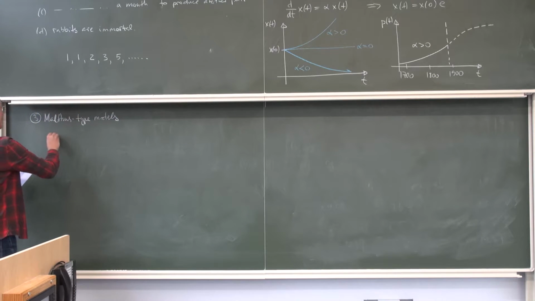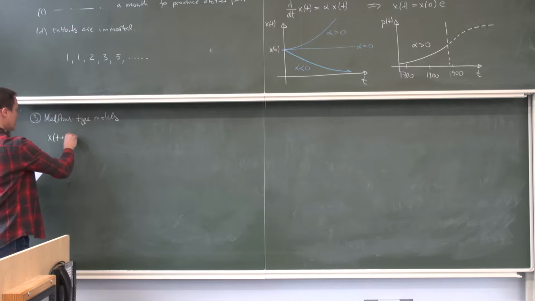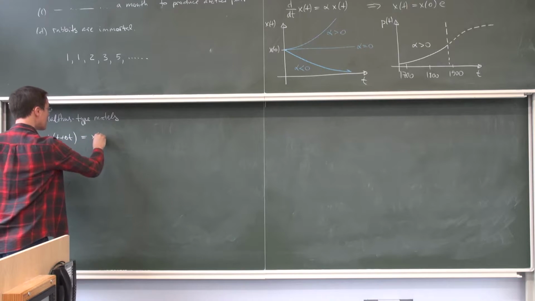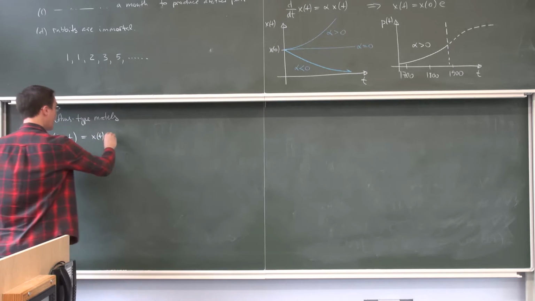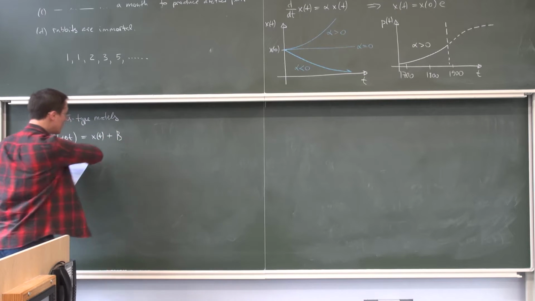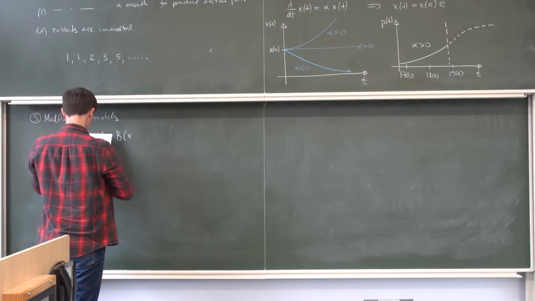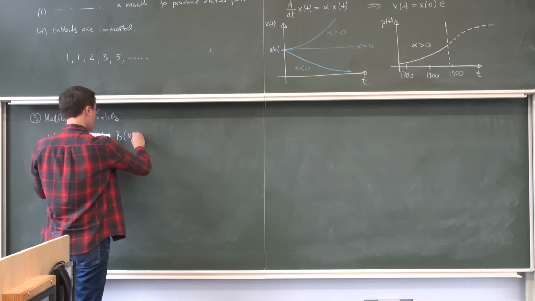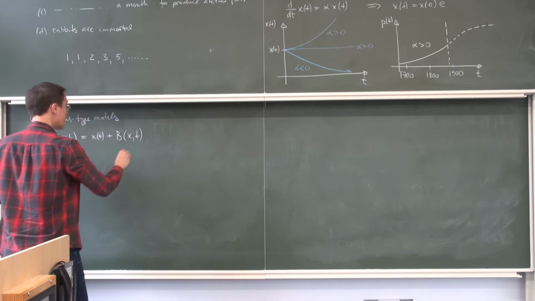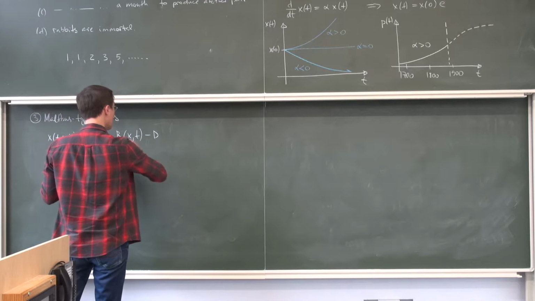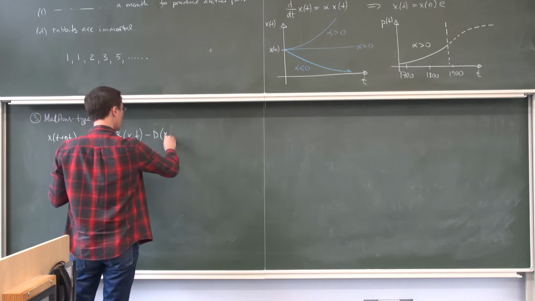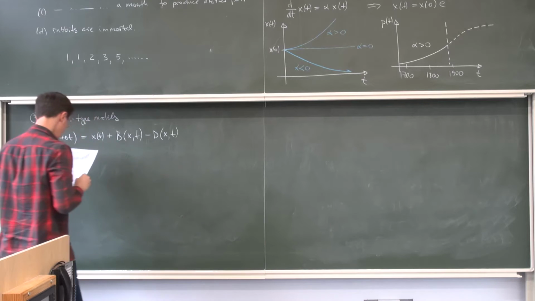We will say x of t plus delta t will be x of t plus some function b, and it will stand for birth, and that's a function of the current population count and time. And then there will be a function d for death, and that is a function of the current population count and time.